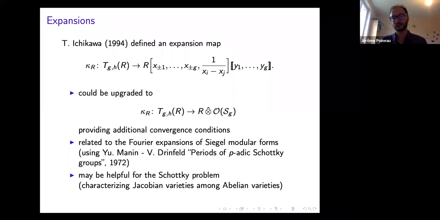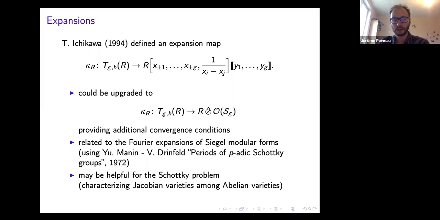Once you get that, it's pretty easy to get Ichikawa's expansion map, and I think it would make his proof clearer. Probably he has exactly this space in mind, a space where all the uniformizations are put together, but without the right analytic tools to define it. So his proof is complicated, redoing the construction by Mumford over some more complicated ring and afterwards comparing the different definitions, whereas we could do it directly in full generality, I guess.